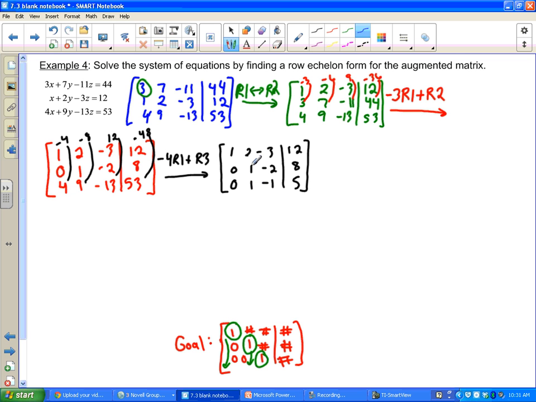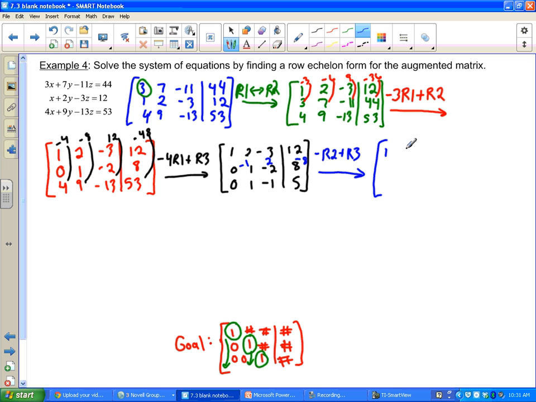Well, there's a 1 right here, and we're always going to use the row we just got a 1 in. So because there's a 1 in row 2, I'm going to multiply this row by -1 and add it to row 3. So this will be a -1, this will be a +2, this will be a -8.